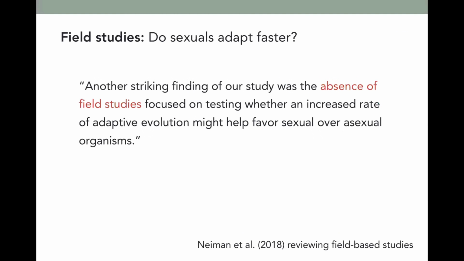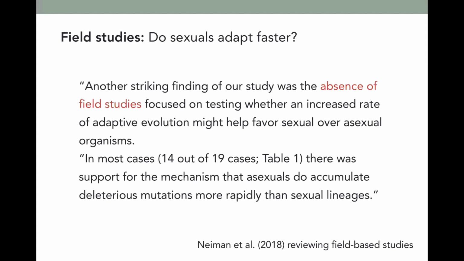How about out in the field? Well, we don't have as much data about organisms in nature. Neiman et al. recently reviewed field-based studies and pointed out this lack of testing of whether sexuals or asexuals adapt faster. They did point out, though, that there had been studies looking at the accumulation of deleterious mutations in sexual versus asexual lineages.